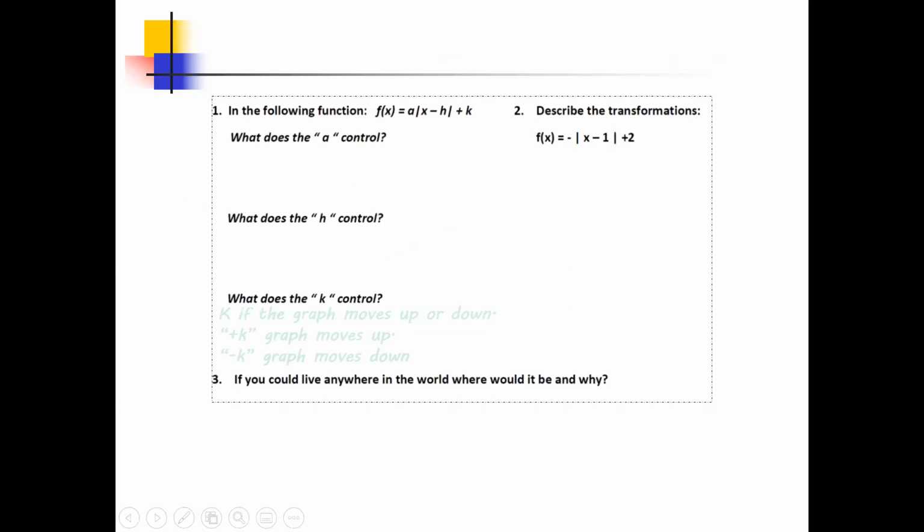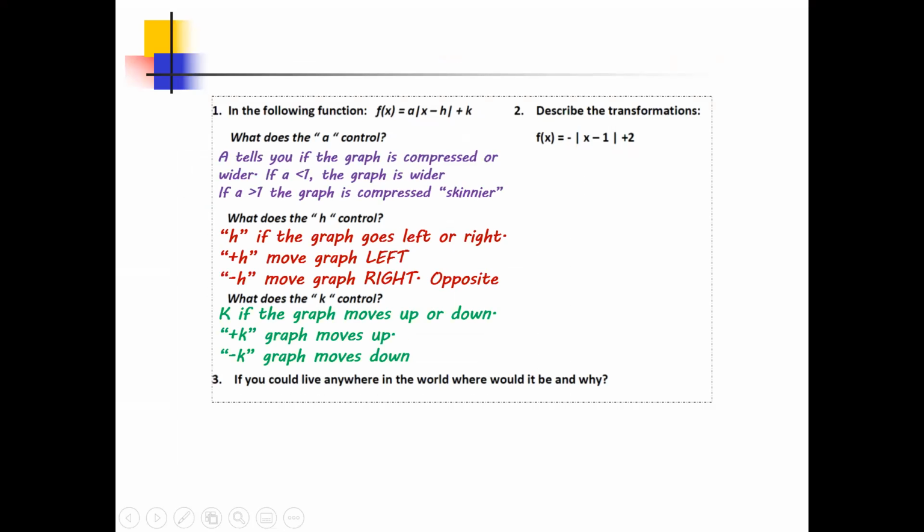All right, so those are the 3 conditions. So if you look at this graph right here, this graph is going up 2 spaces. This graph is going to be to the right 1 space. And this negative here means it's upside down, which is actually another thing that I should probably include over here.